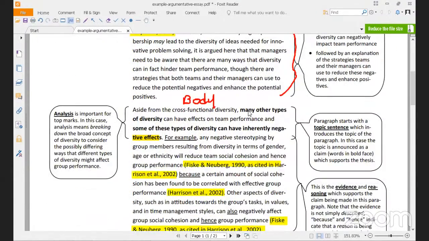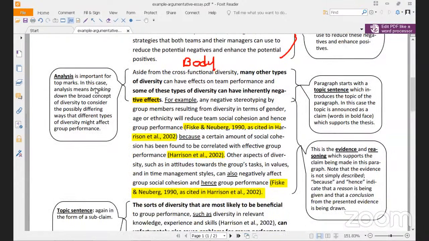You just want to concentrate on the main words. Many other types of diversity, some of these types of diversity can have inherently negative effects. But teacher, how do I know what to bold, what to indicate? Hey, Mauricio, this is your paper. This is your argument. You need to persuade me. So it's up to you, in few words.